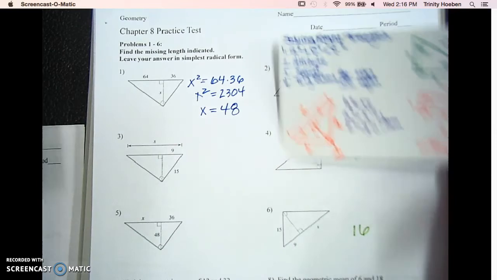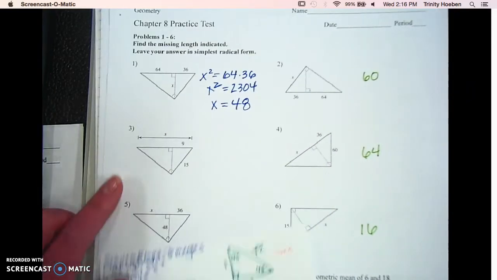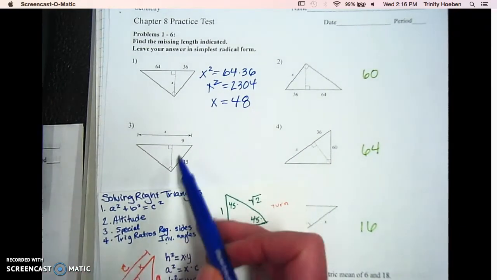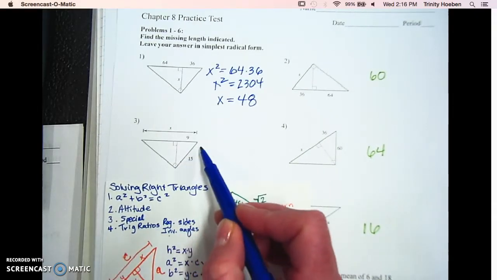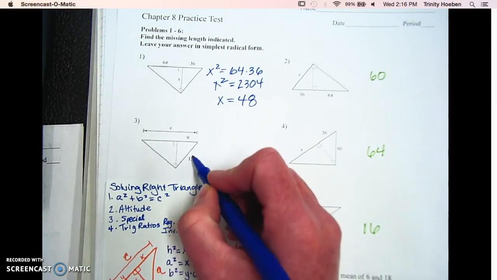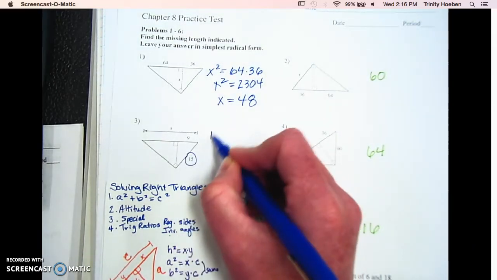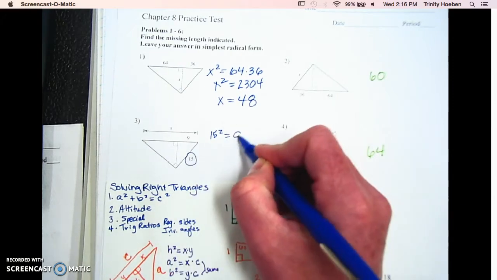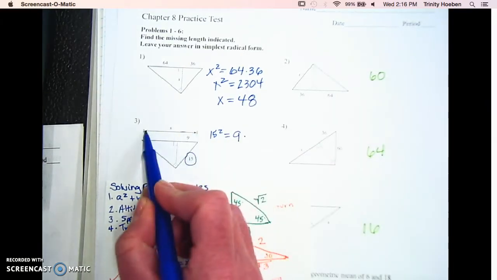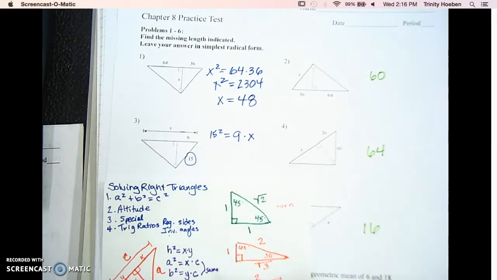All right, let's jump down to number 3. Now instead of using the altitude, we're going to use one of the legs of the right triangle. When you have a leg, you square it and set it equal to the piece closest, which in this case is 9, times the length of the whole thing, which is x.